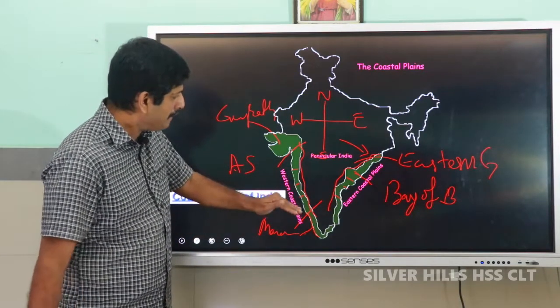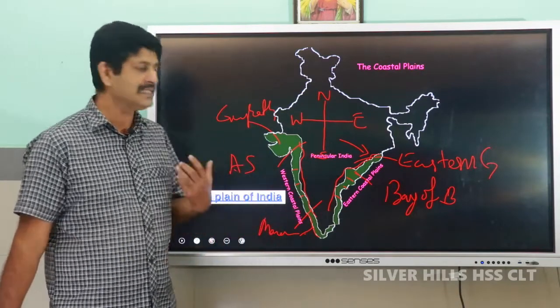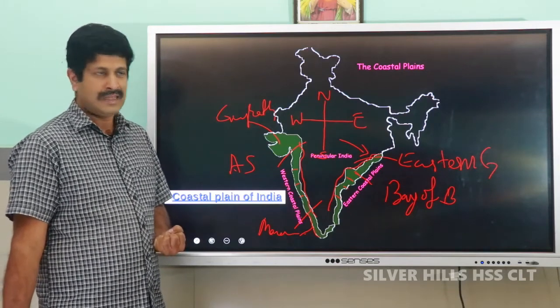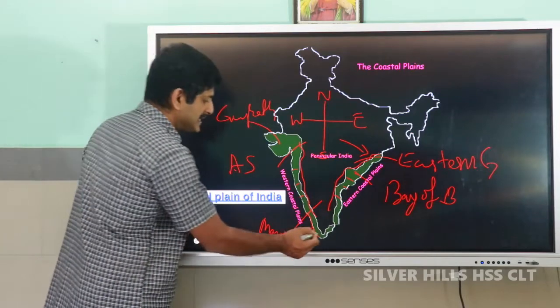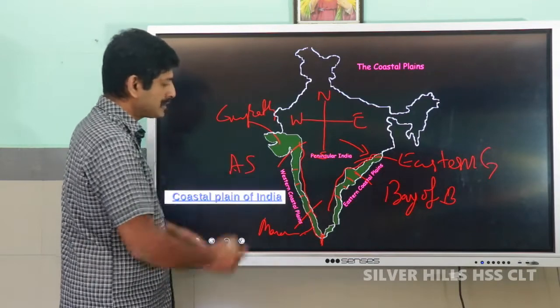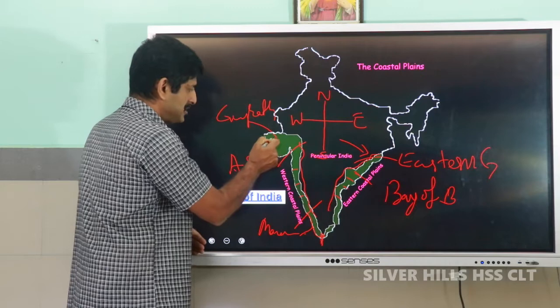These are the major physiographical divisions of India. When we are talking about the coastal plains, the western coastal line starts from Kanyakumari till the Rann of Kutch.